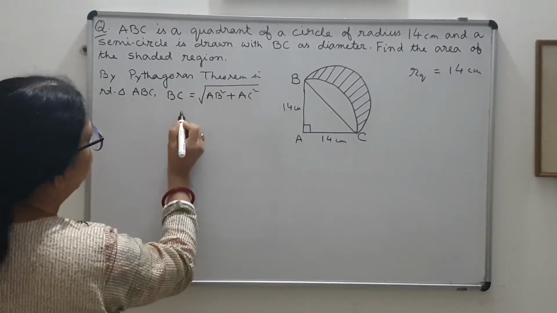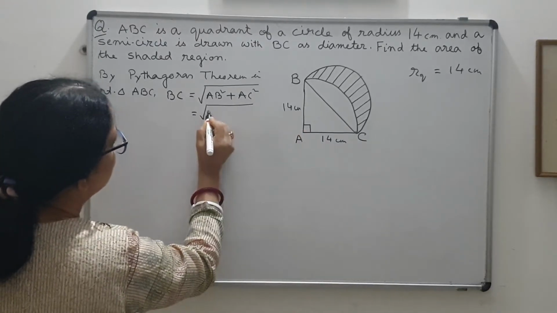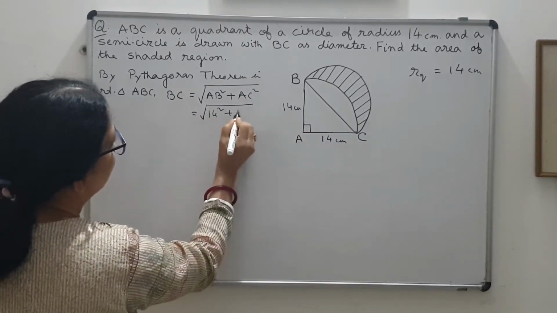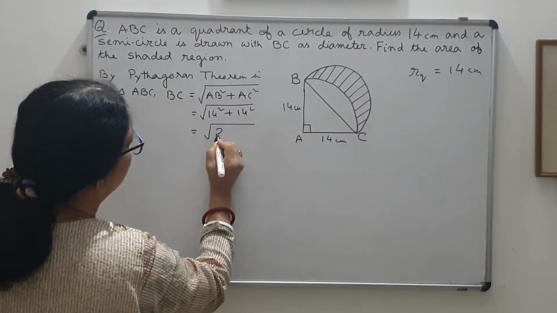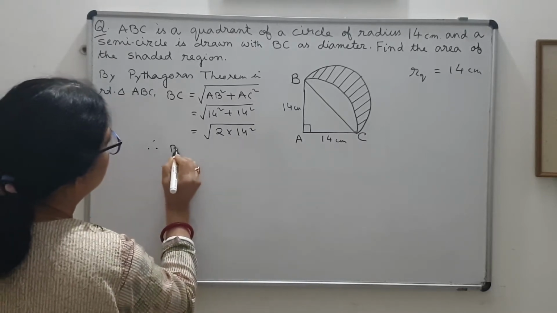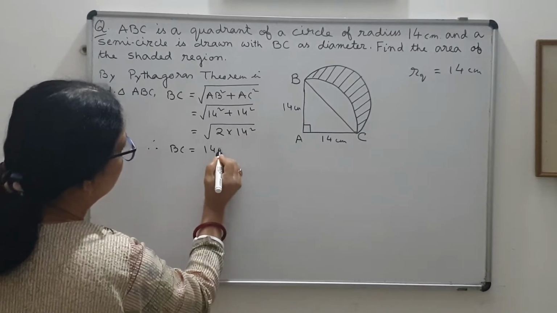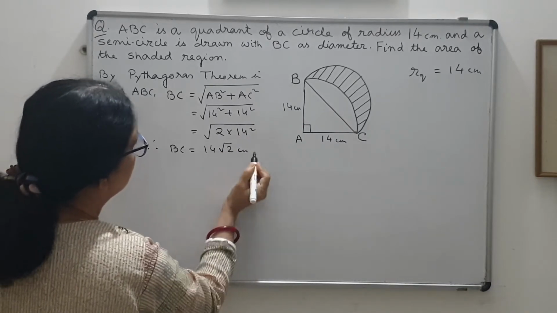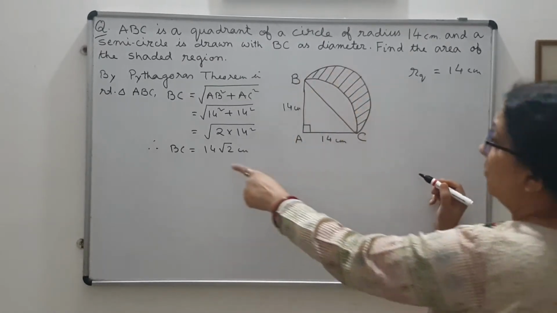So we can very easily find out. This is under root, both are 14. AB is also 14, AC is also 14. Or this is equal to under root 2 into 14 square. Therefore, BC comes out to be 14 root 2 centimeter. So this length of the diameter of this semicircle is 14 root 2.